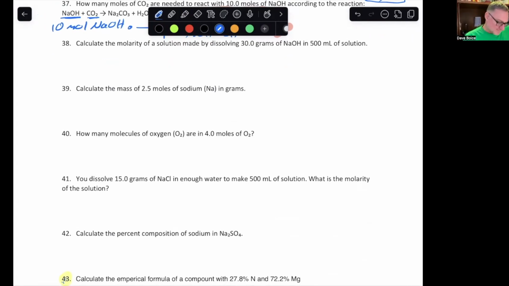So, okay. Let's calculate the molarity of a solution from dissolving 30 grams of NaOH into a half a liter of solution. And so molarity equals moles over liters.